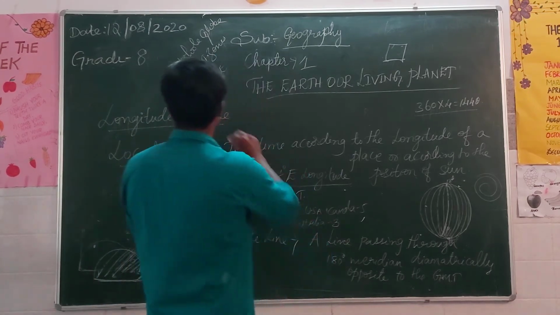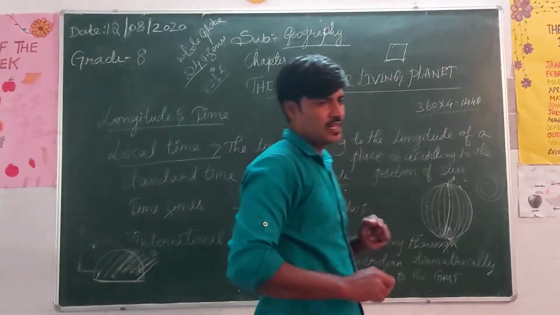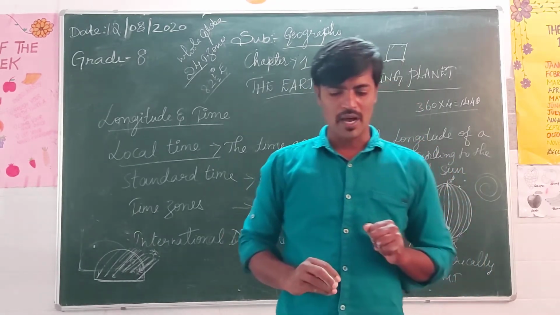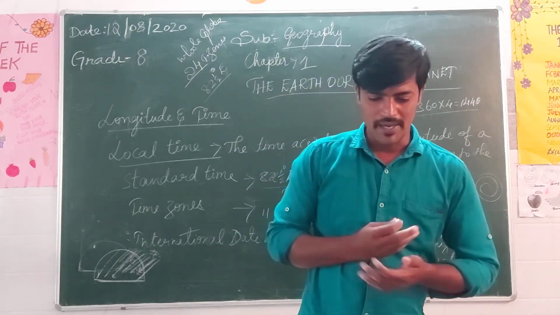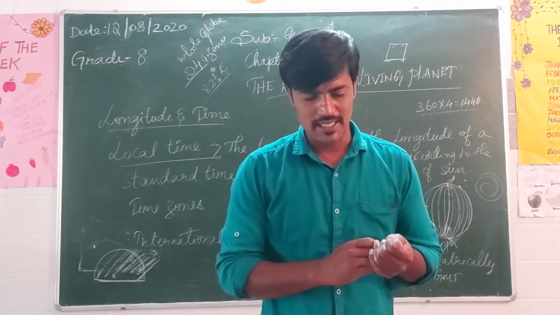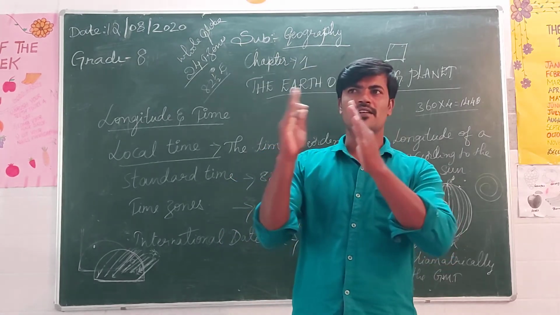Now what is the Indian Standard Time? 82.5 degrees east longitude is known as Indian Standard Time, which passes through Allahabad. It is called the central meridian. They are based on that meridian. Greenwich Mean Time is what we use to calculate the time.